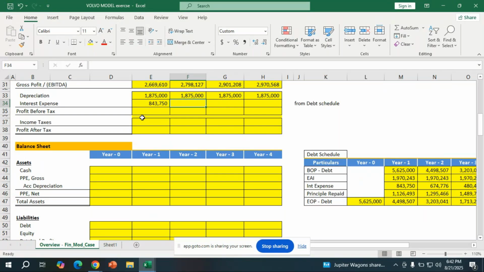So you put that amount from that table to this table. See, equals to, take the cell reference here, enter, like this.